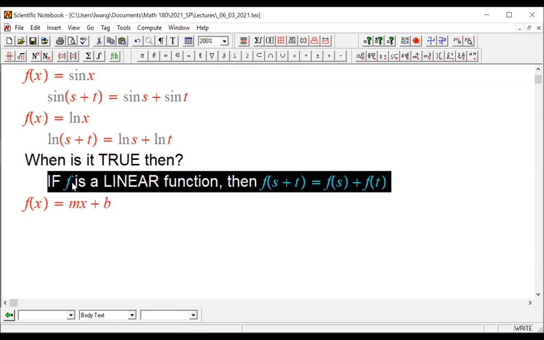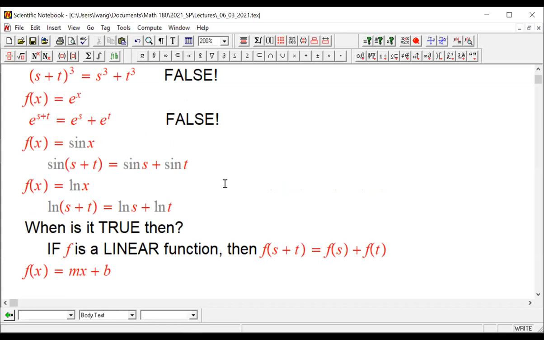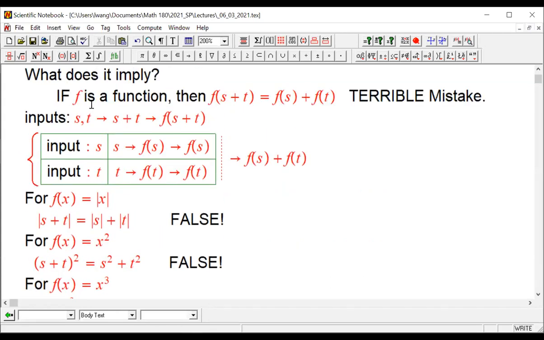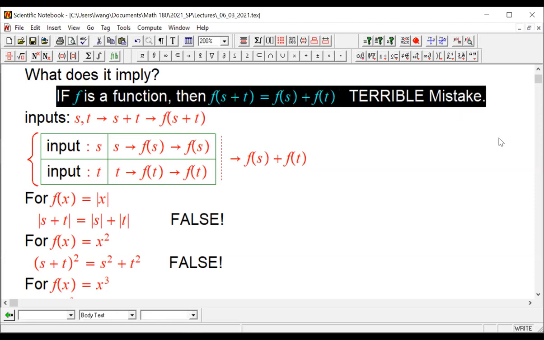In linear algebra class, this is actually an important fact. But if you remove that word linear, it will be a terrible mistake. This is how mathematics is being examined, word by word.